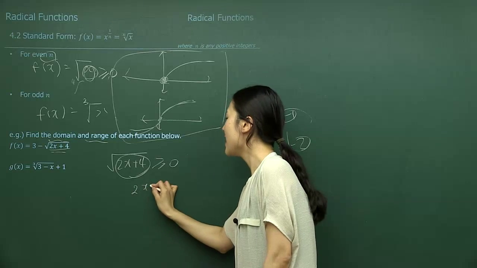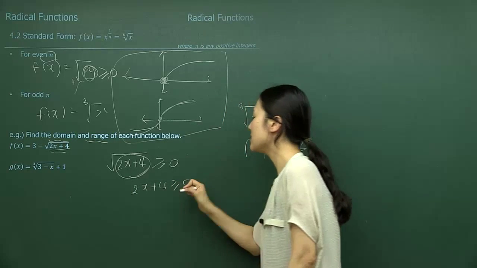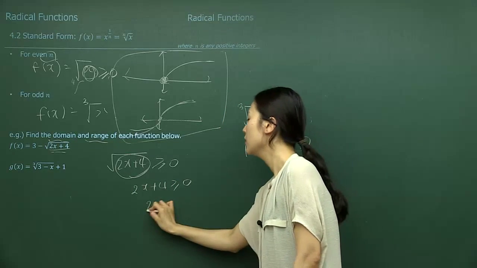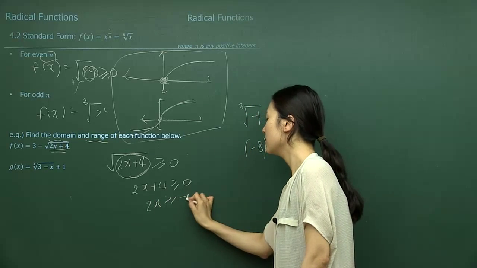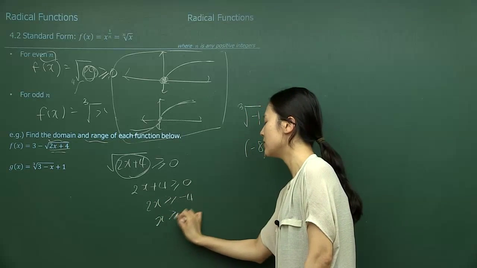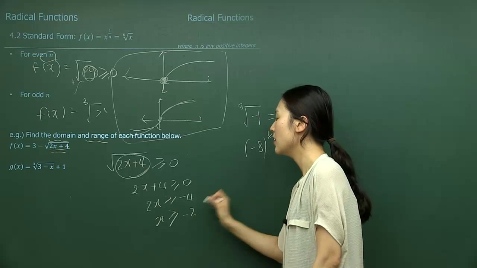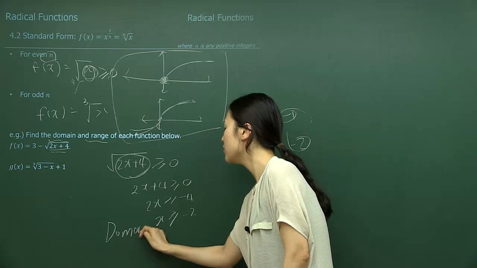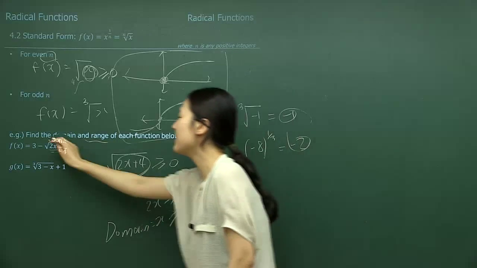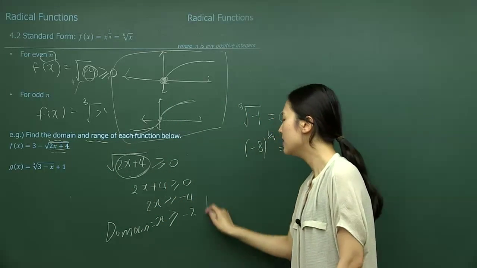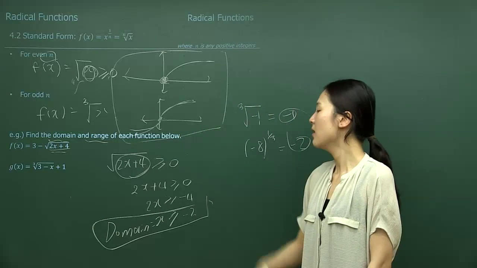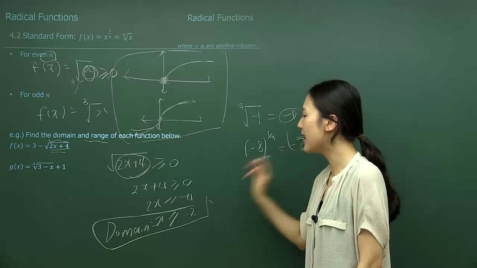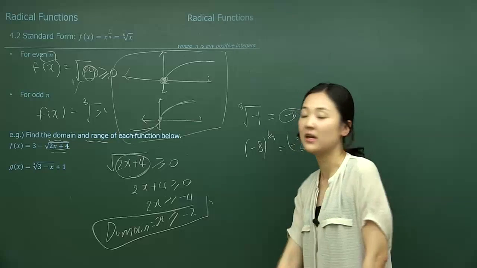So you may just get the domain by solving the inequality. 2x is greater than or equal to -4, so x is greater than or equal to -2. That is your domain. In order to make sure that you don't plug in anything negative inside of the square root, just plug in values that are equal to or greater than -2.